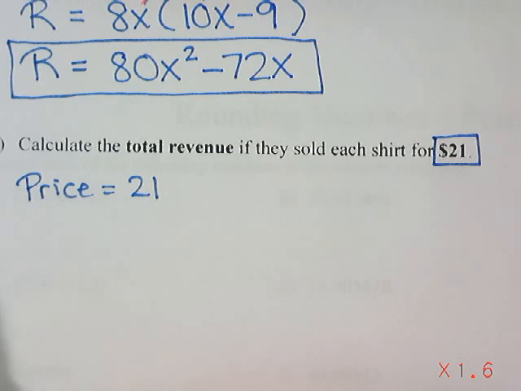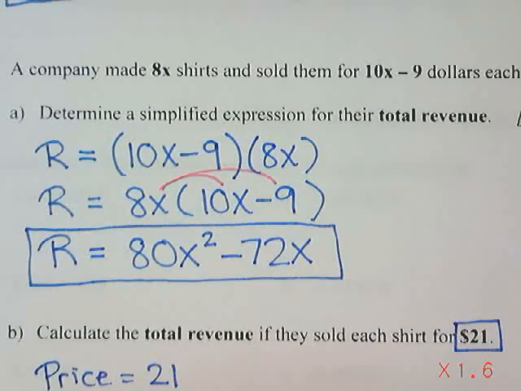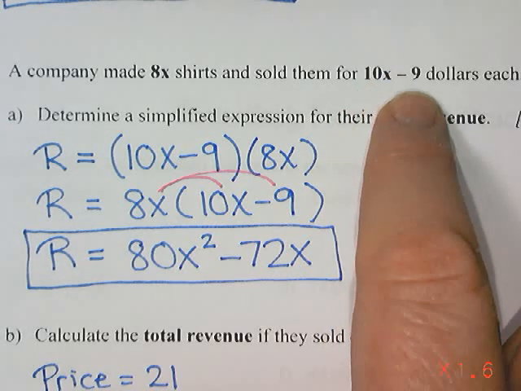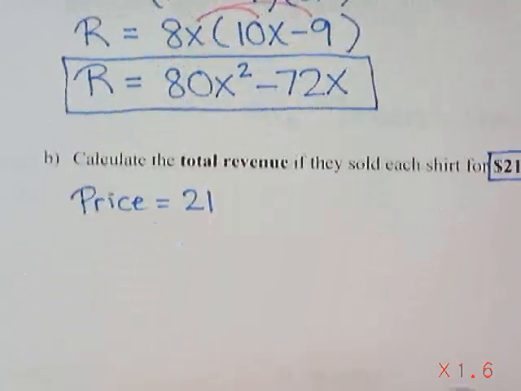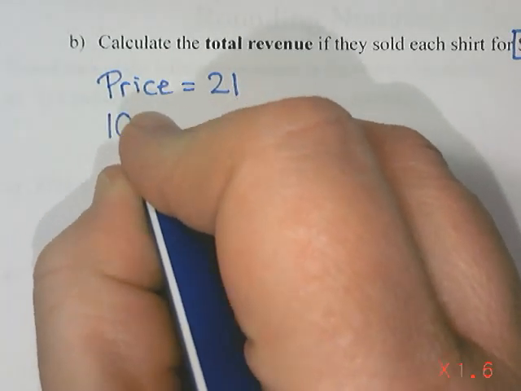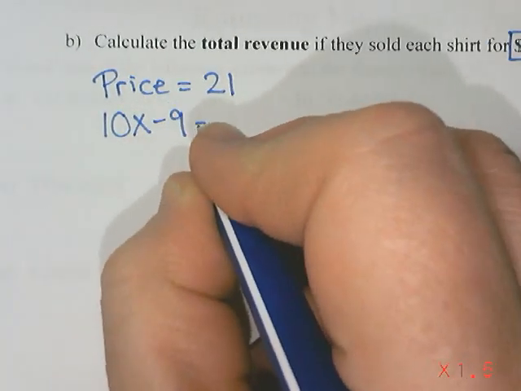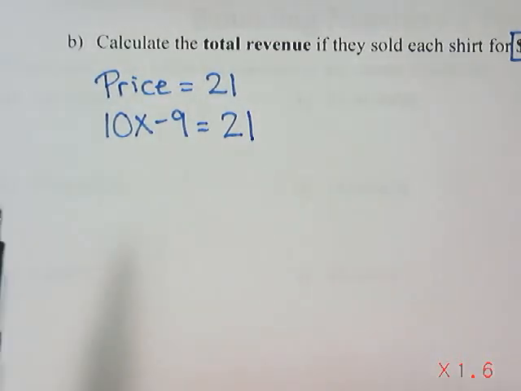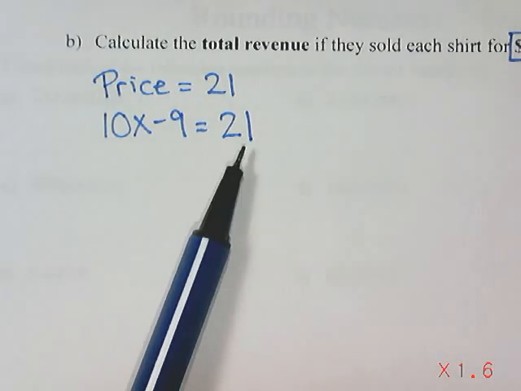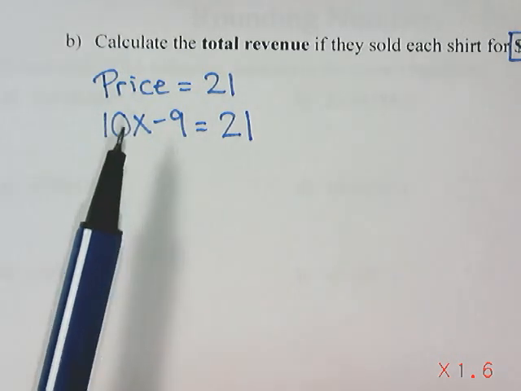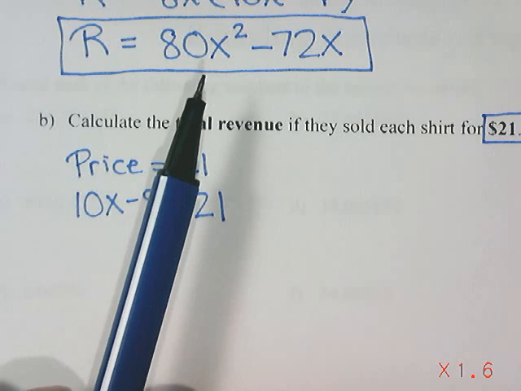I also know from the original question that the price was 10x minus 9. So I know that 10x minus 9 is going to equal $21. So I should be able to take that information and figure out what x equals, and then use that information to calculate my revenue.